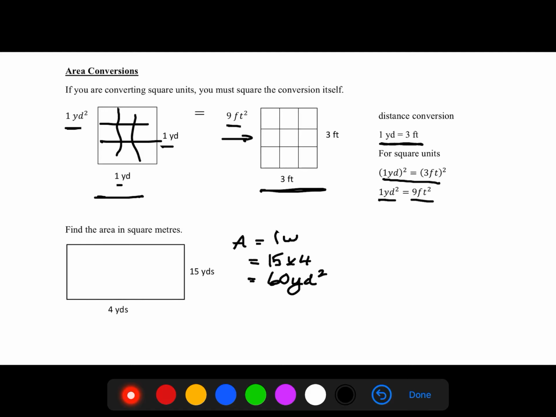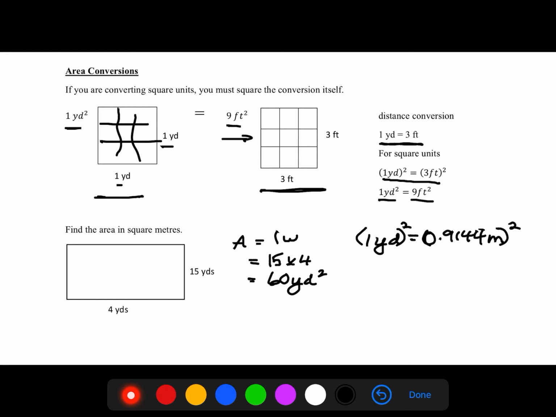Well, what we want to do is convert it to square meters. So again, we're going to start with our conversion. If we go back to our conversions from imperial to metric and vice versa, we notice that 1 yard is equal to 0.9144 meters. That's what we want to go from yards to meters.